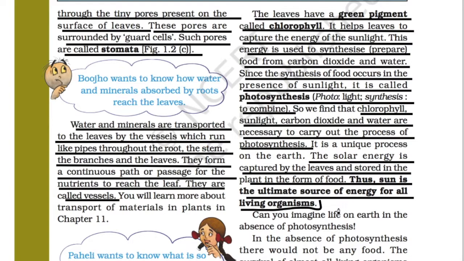That food is taken by other organisms or animals, and with the help of that food, other animals get energy. So, indirectly, all the animals get the energy from sunlight or use solar energy.